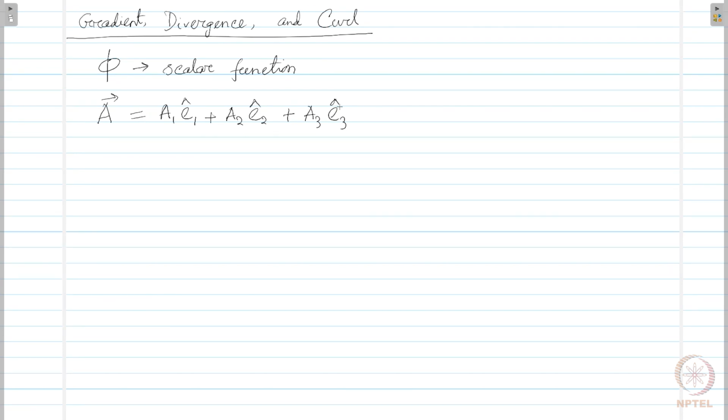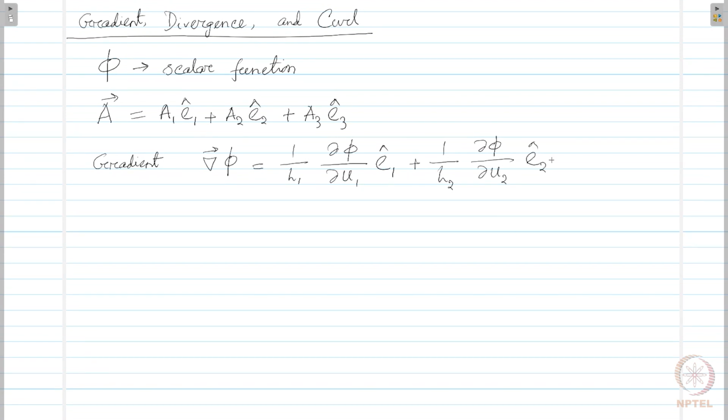Then the gradient of phi is 1 over h1 ∂phi/∂u1 e1 unit vector plus 1 over h2 ∂phi/∂u2 e2 unit vector plus 1 over h3 ∂phi/∂u3 e3 unit vector.